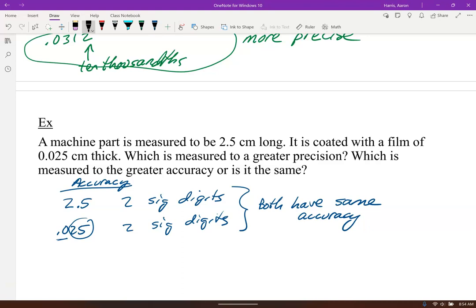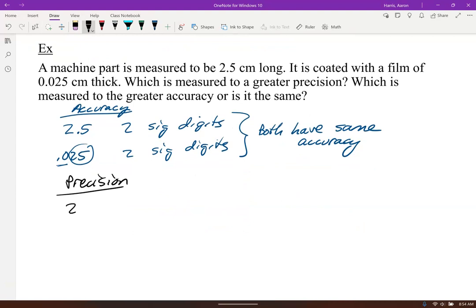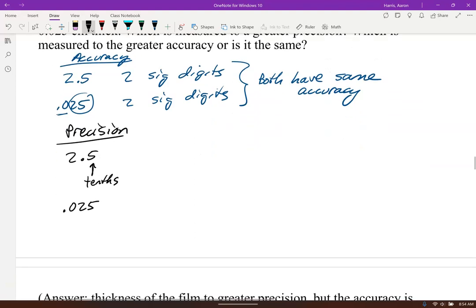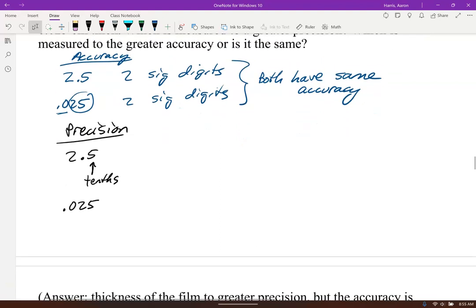Okay, let's go to precision. So with precision, here's our first one. It was measured 2.5, so that's the tenths position. Second one, 0.025, with the thickness of the coat of the film of that thickness.